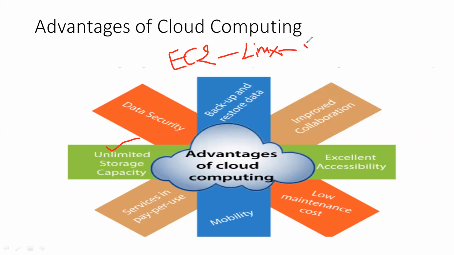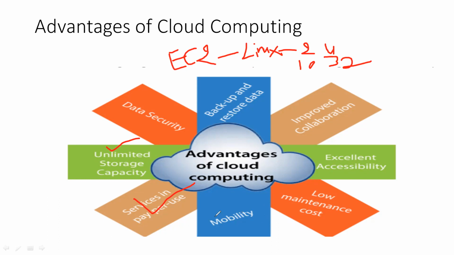You may launch 2 CPUs and 4 GB RAM, or you may use 10 CPUs and 32 GB RAM capacity, as per your business requirement. Based on usage only, we have to pay the amount.